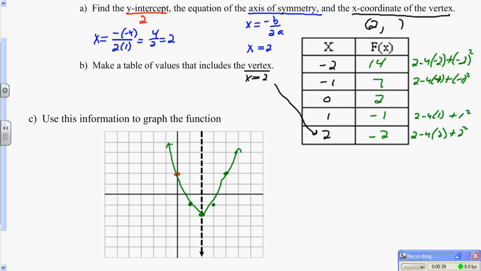And that would mirror over here, so I'm off a little bit with my bad drawing there. And then 2, -2. So really, if we have a y-intercept and the line of symmetry, we can find the vertex and we can mirror everything else. So the table is nice, but not always necessary if we have the right information.